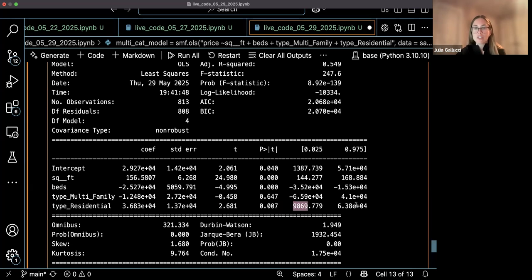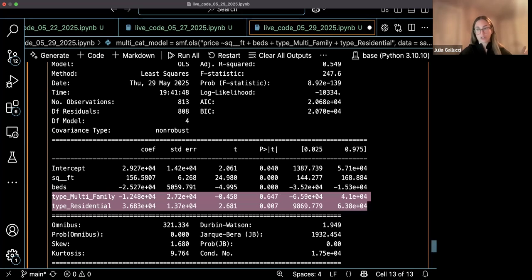And then looking at the confidence interval, it is roughly between 9,800 and roughly 60,000. And since this interval does not include 0, it further supports the conclusion that the price difference between residential homes and condos is indeed statistically significant. So that's how you would interpret this model output with regards to categorical variables.